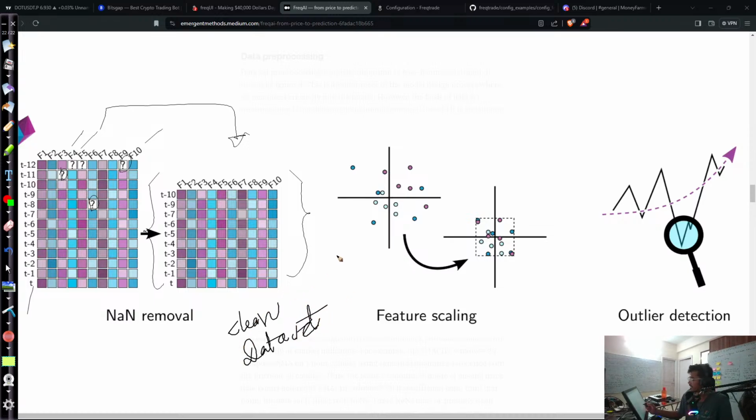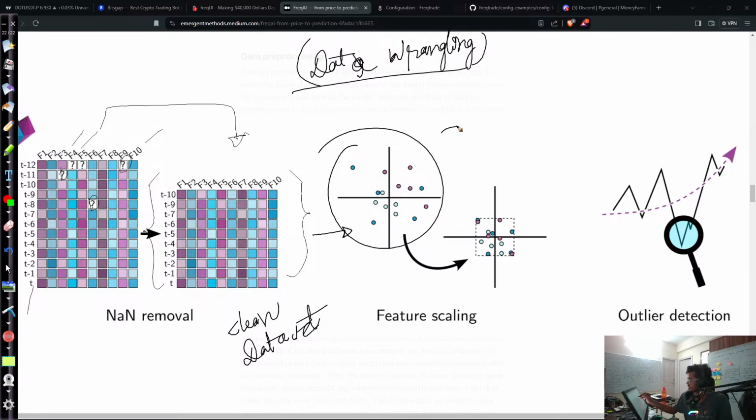Back in the day, we used to call it data wrangling, if you guys remember data wrangling. So now once we do that, there's feature scaling. Suppose the values are around 100 something.